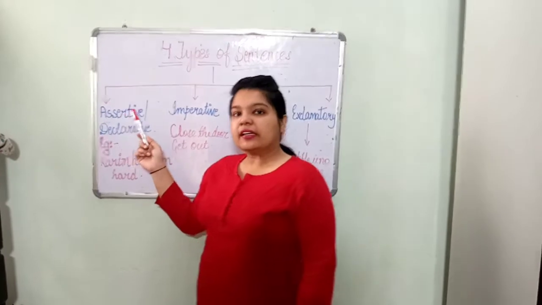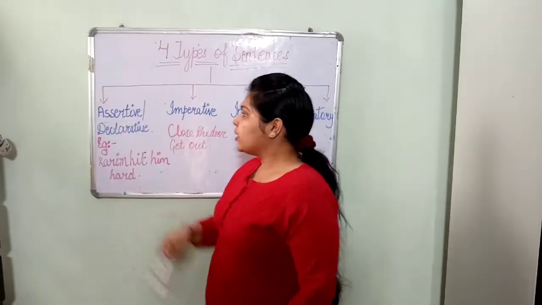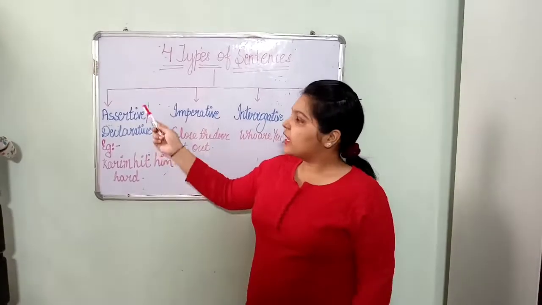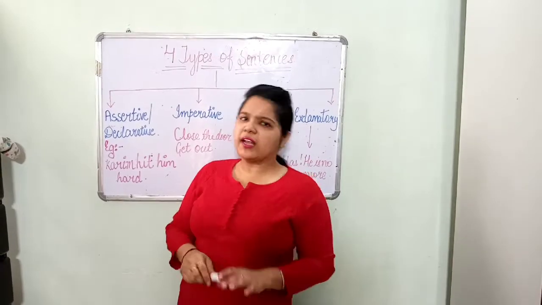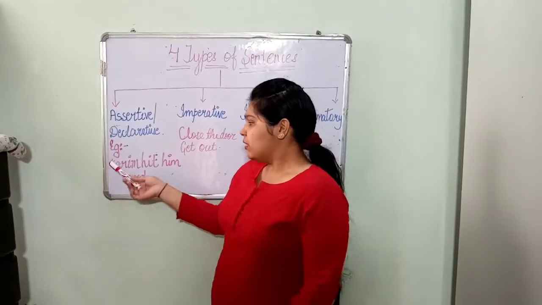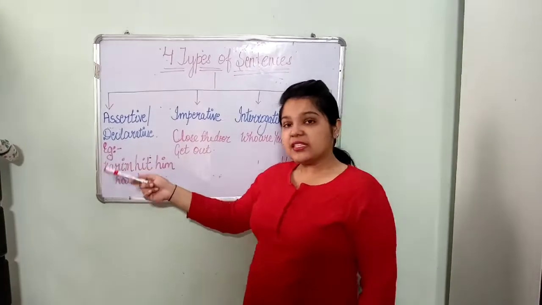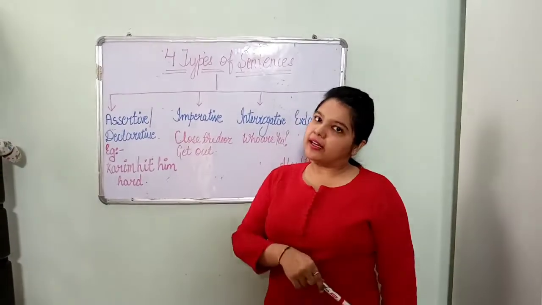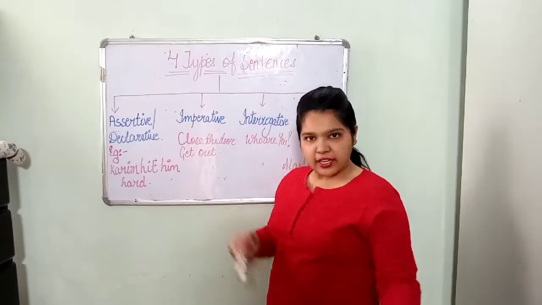So let's do the first sentence, that is assertive or declarative sentence. They are simple sentences, meaning we affirm or deny something. As if Kareem hit him hard, or Raju is studying.